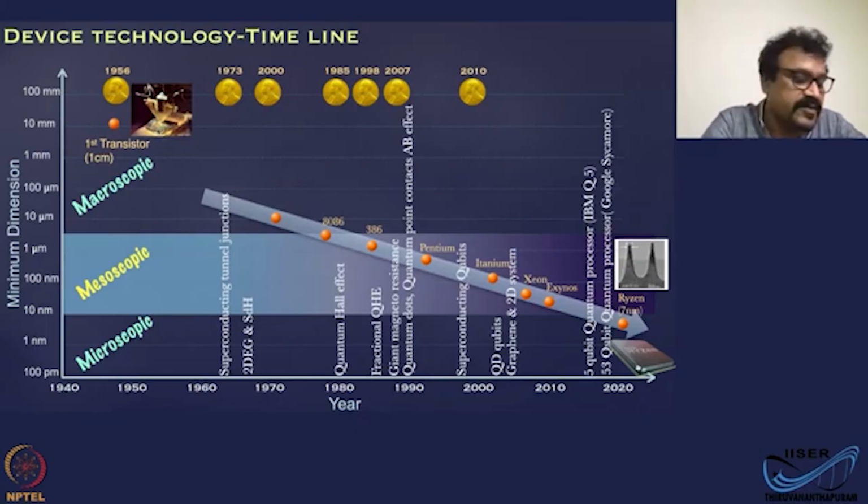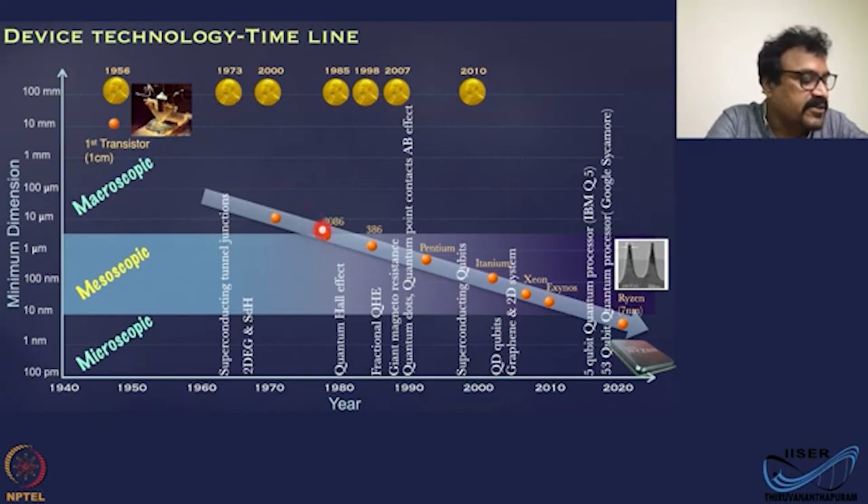That was a huge technological breakthrough. So starting from a single classical transistor to billions of classical transistors, and starting from a few qubit systems, now tens of qubit systems have been demonstrated in the last 20 years.